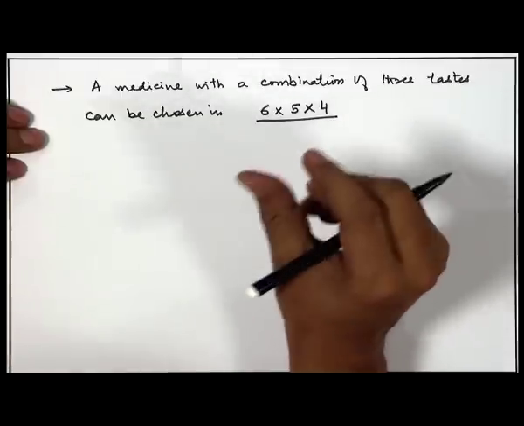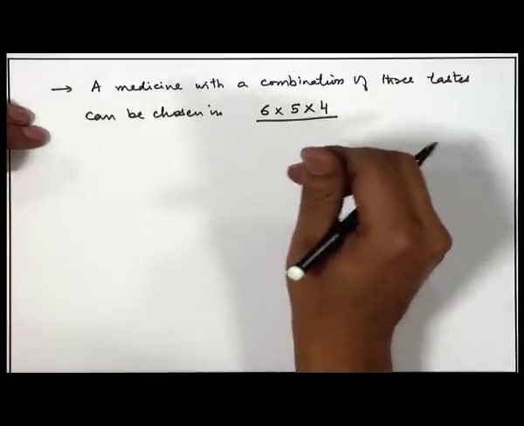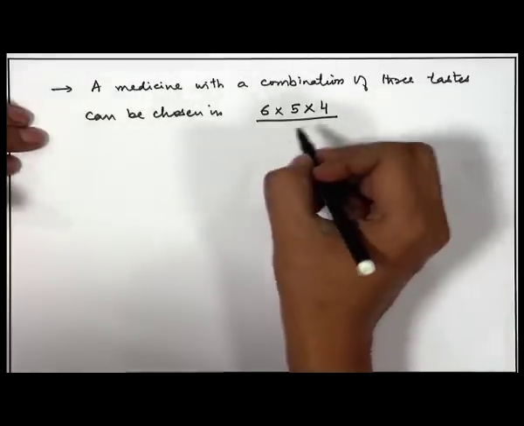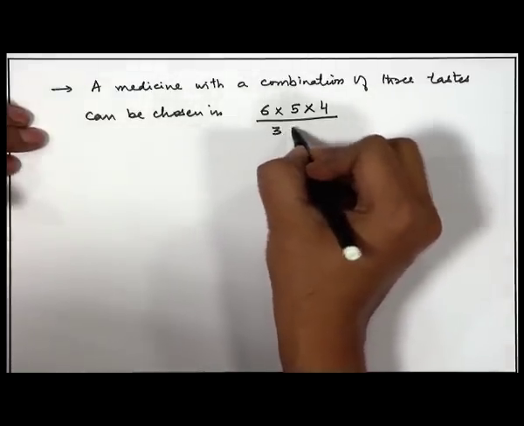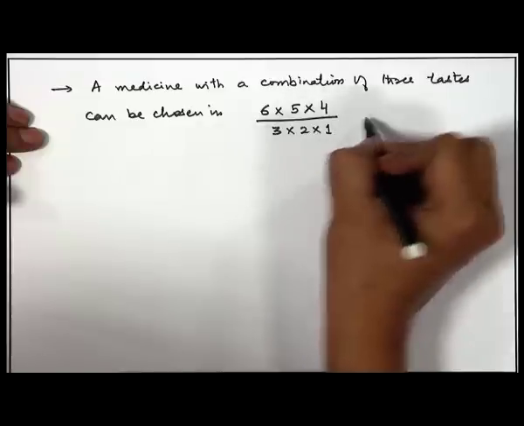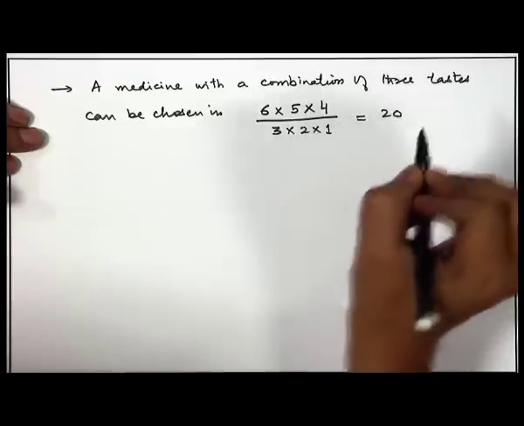Once again these 3 things can be in any particular order, that order does not make any difference. So, we divide by 3 into 2 into 1. So, that is equal to 20 ways.